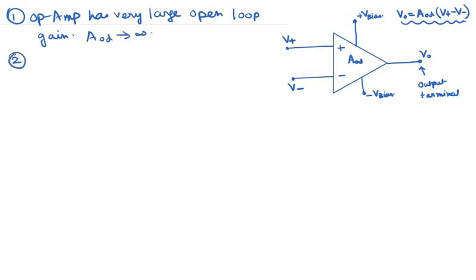The second property is that almost no current can flow into the op amp.